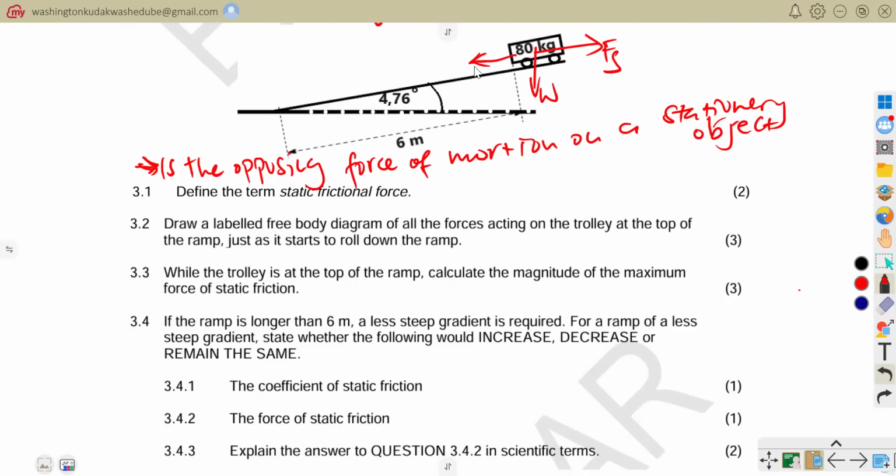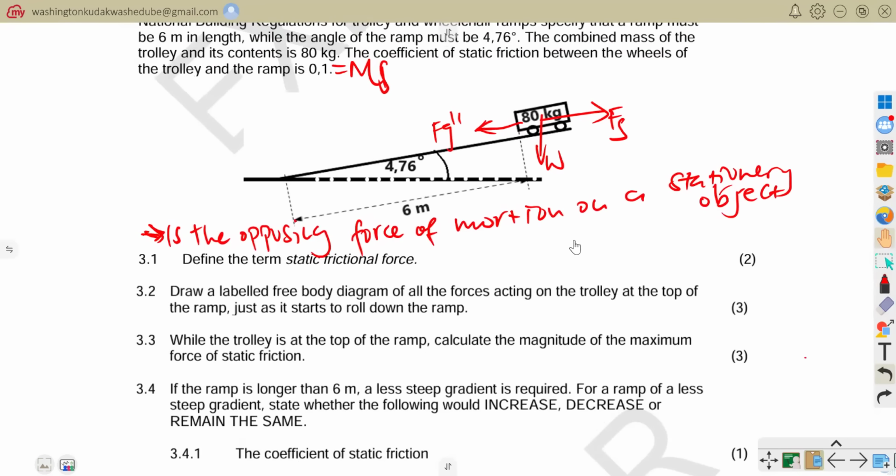And rolling down here would be due to this Fg parallel, which is the component of this weight in the parallel direction. And then we are also going to have a normal force that is going to balance there.